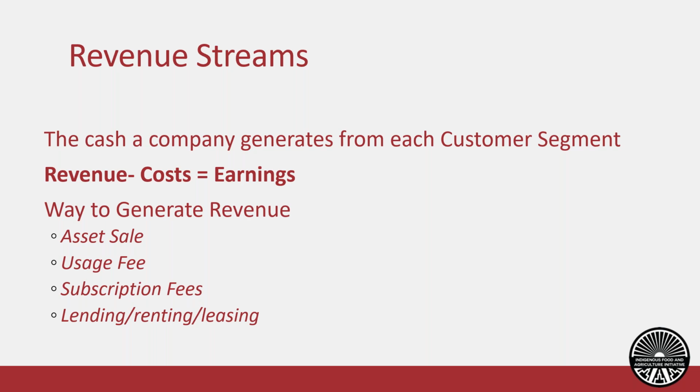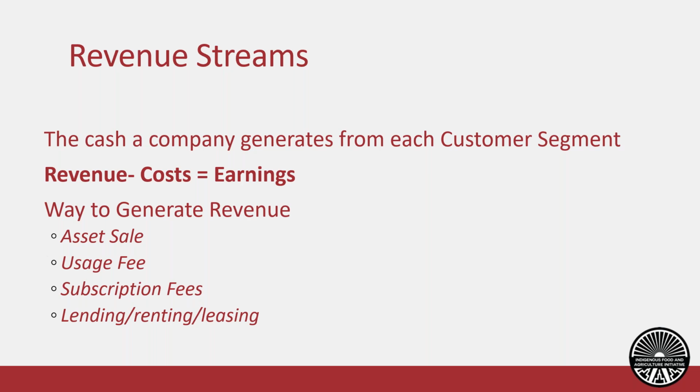There's a usage fee. Say you have agricultural equipment and you provide a service for other folks in the area to use your equipment, but you can charge a small fee for that if that's what's appropriate for you. Subscription fees. Subscription fees are a huge new revenue area that you see with a lot of online folks.